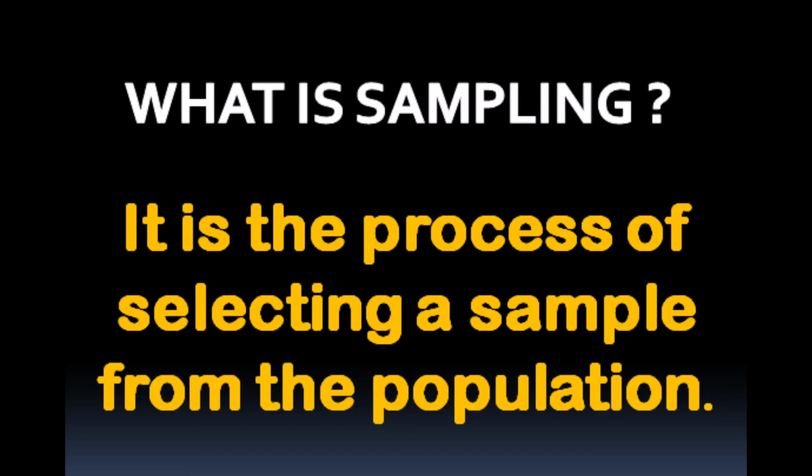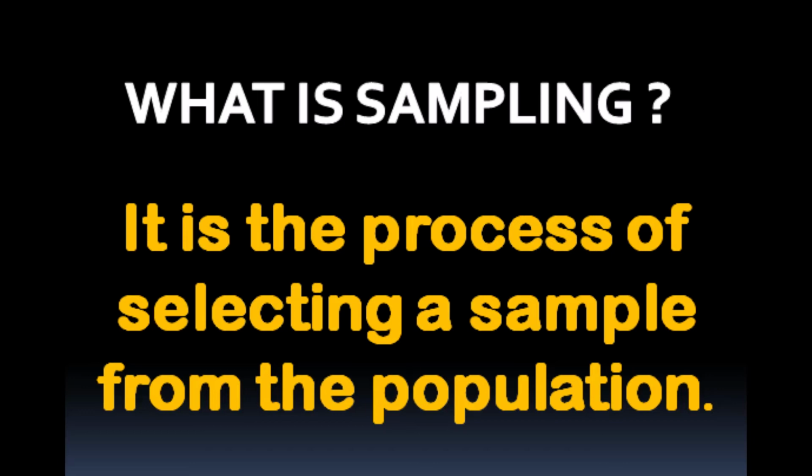Remember that whatever sample we select from a population, the selection must be done in such a way that whatever we find out from the sample should be generalizable on the entire population from which our sample is selected.